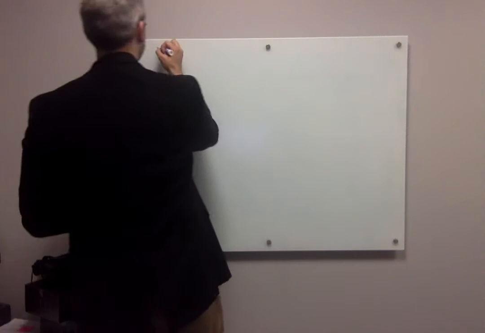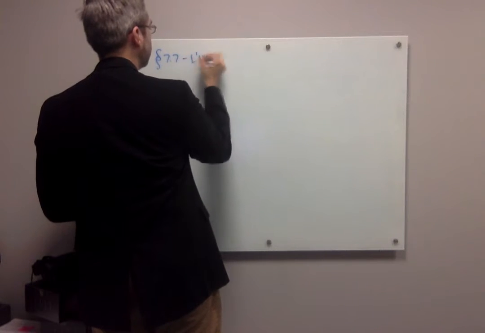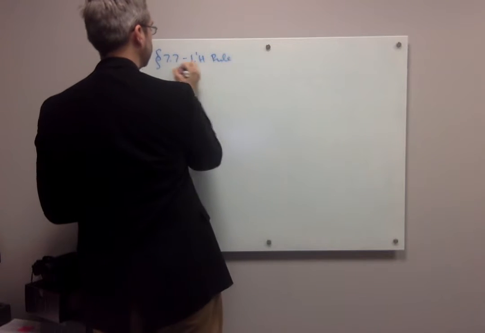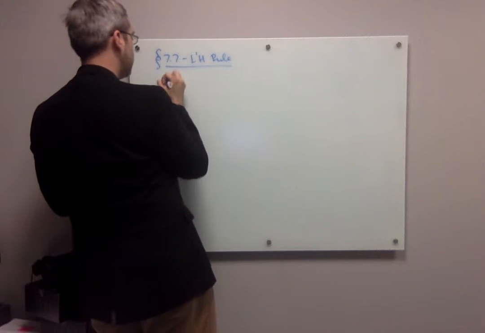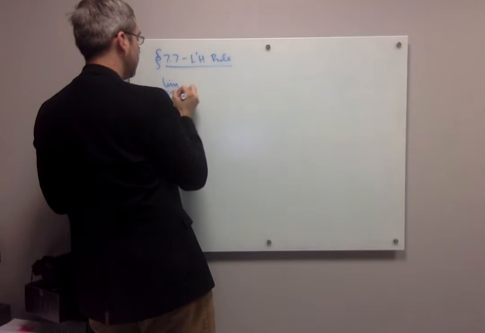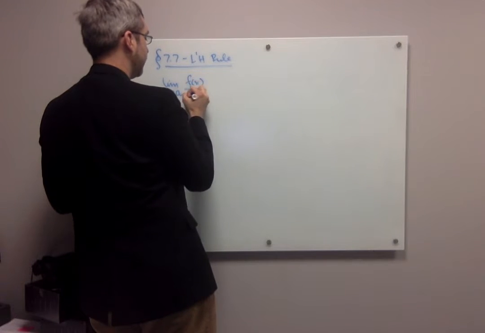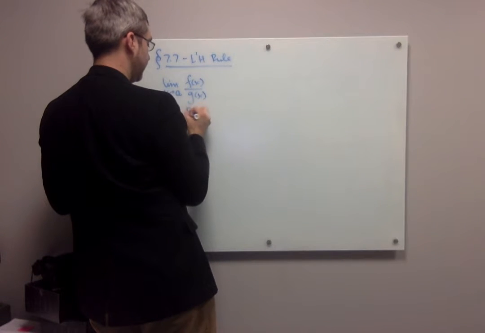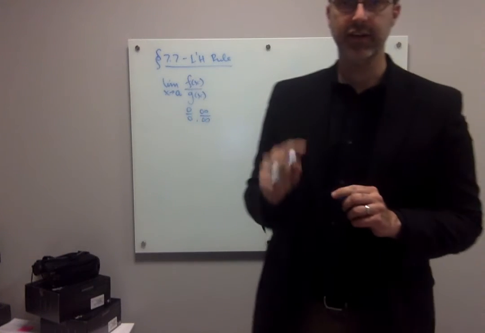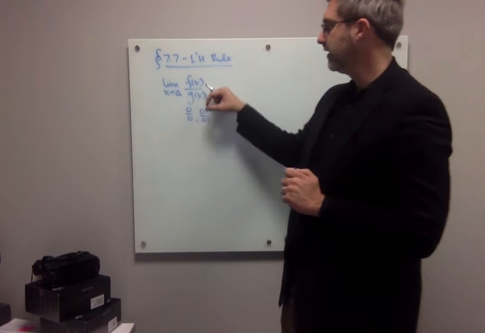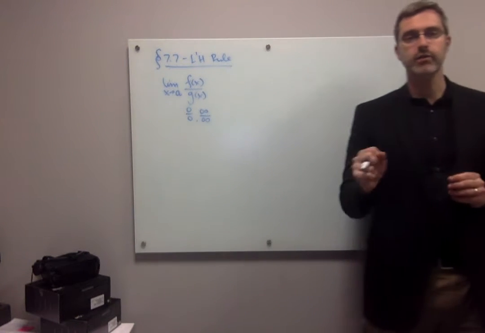A reminder that we are right now in section 7.7 on L'Hopital's rule. L'Hopital's rule was a simple way of doing a limit. So if I have the limit as x goes to a of a function over another function, and if this has the indeterminate form 0 over 0 or infinity over infinity. So remember, if the top and bottom both go to 0 or the top and bottom both go to infinity, I can't tell immediately what it is.